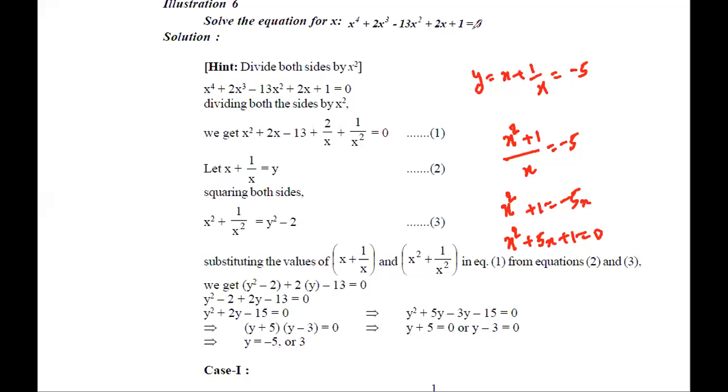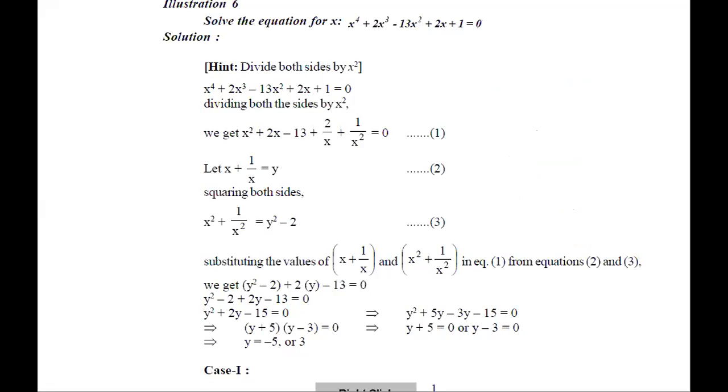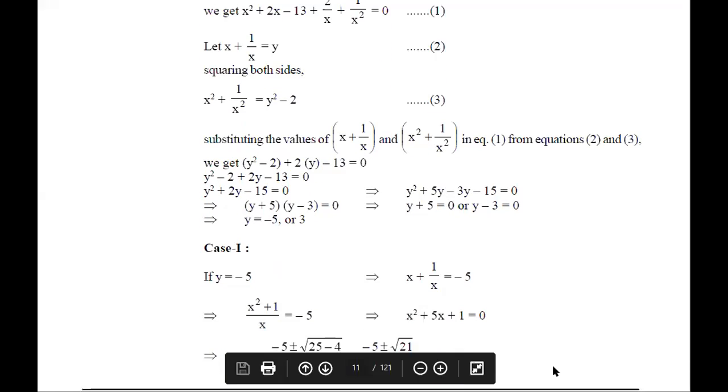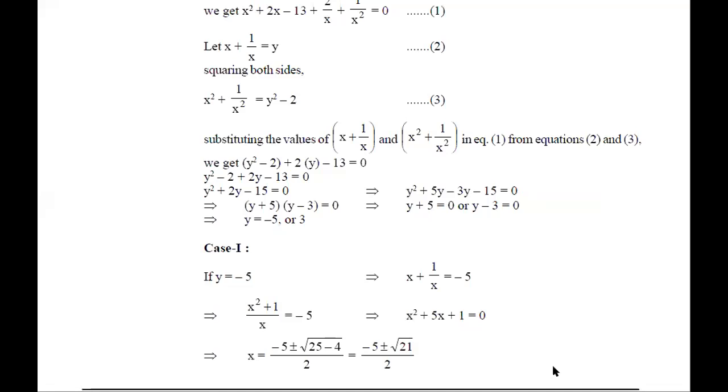Try to solve it. Okay, you will get something like this.